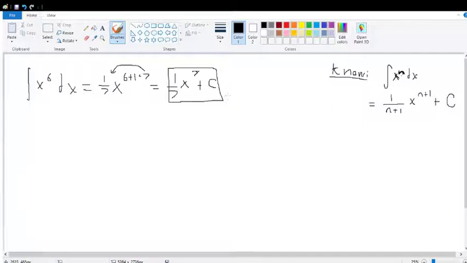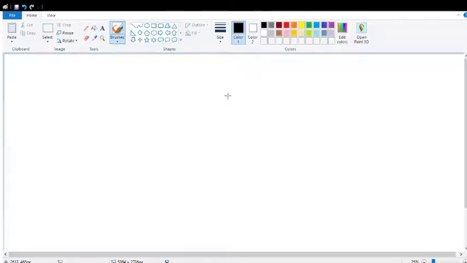Now for the next example, we'll find the integral of a polynomial: 6x to the 5th minus 2x cubed plus 21 dx.